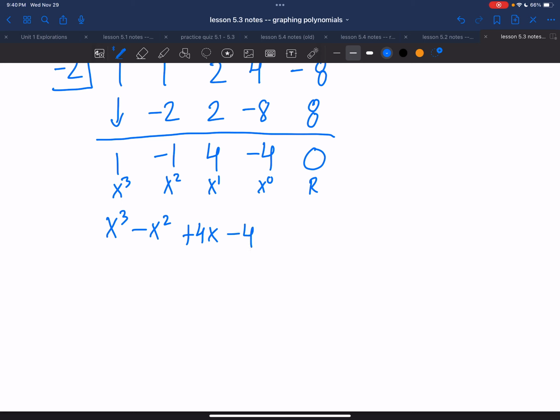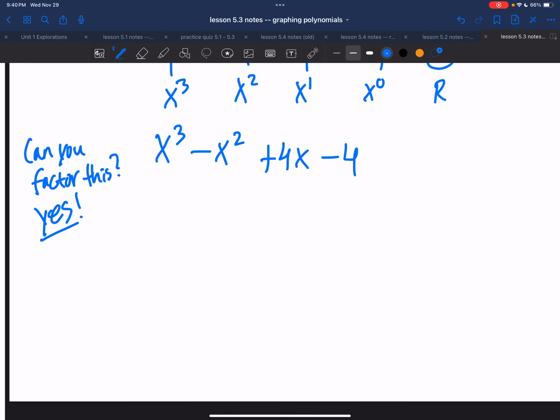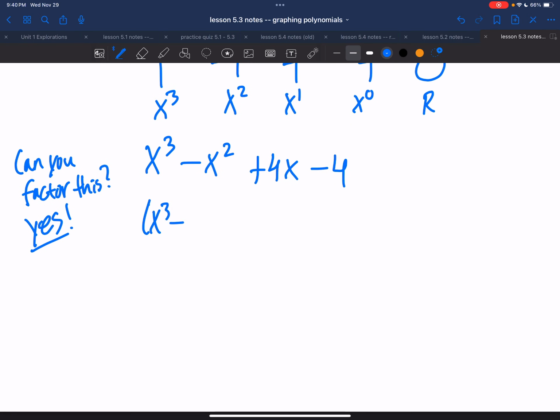Can you factor that? Answer, yes. So try grouping, right? Here's x cubed minus x squared plus 4x minus 4. GCF of the first group is x squared, and this is x minus 1.